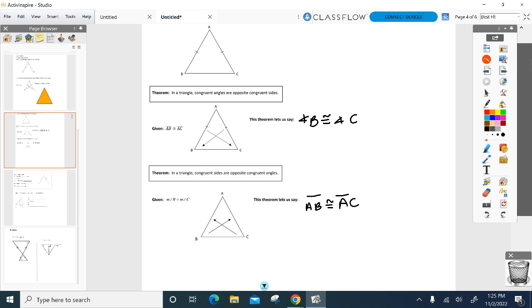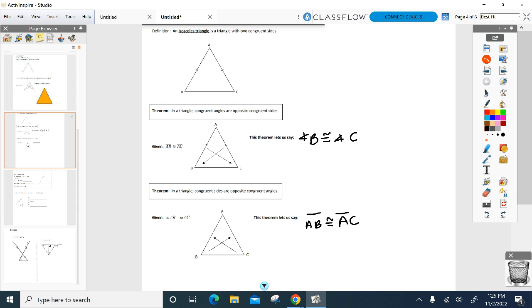Now, before we do some examples here, real quickly, down the hall, down here, up to the sidewalk, please. All right?